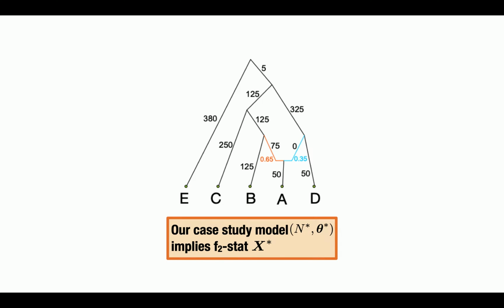This model implies a vector of F2 statistics, which we're denoting X star. Now we consider how TreeMix, or a related method, would perform when given X star as input, and this represents the case of infinite data because our estimate of the F2 statistics from genetic data would converge to X star as the amount of genetic data goes to infinity.